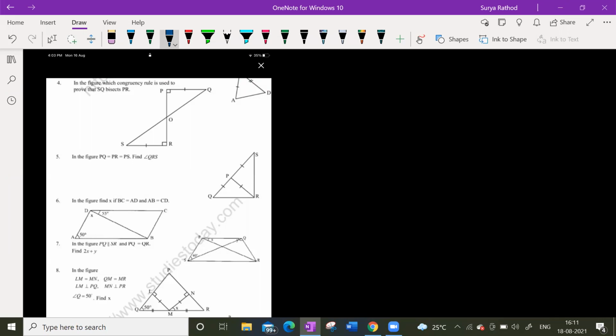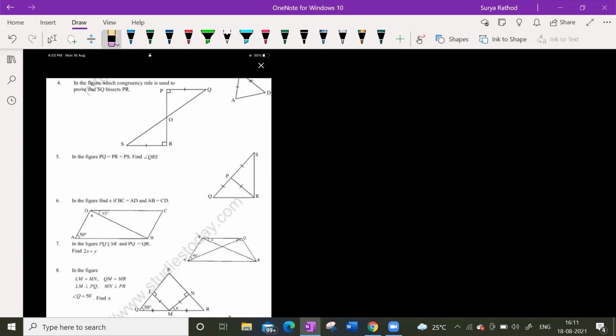Many of you are joining late. See here, PQ. For proving SQ bisects PR, what kind of congruency rule can we apply here? Sir, I'm thinking SAS. Is that correct or wrong? You need to tell me the reason; you cannot simply say yes. One is a side and one is an angle, so we can take SAS.